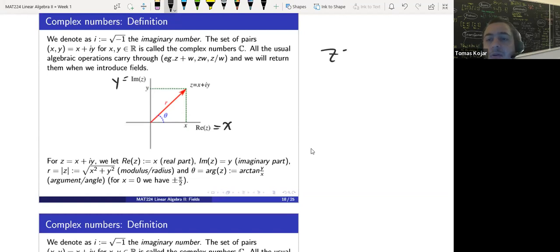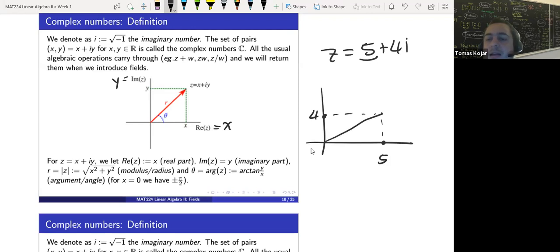Let's do an example like 5 plus 4i. How do you do this? Well, you look at the real part, it's 5, and you look at the imaginary part, it's 4. Then this point is your complex number.